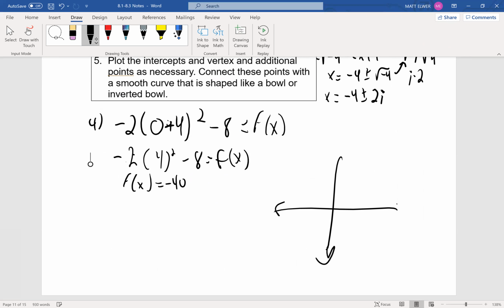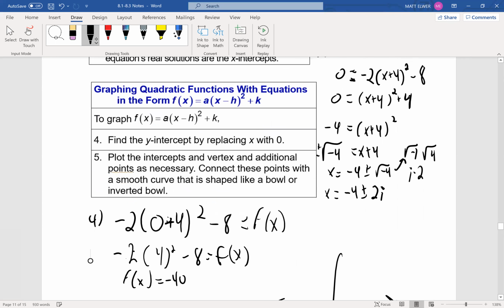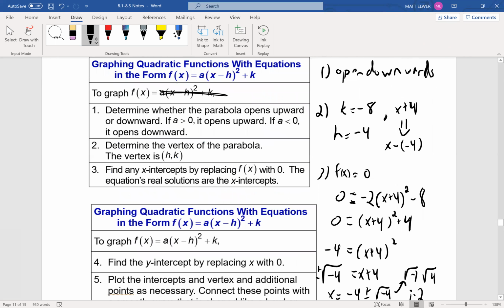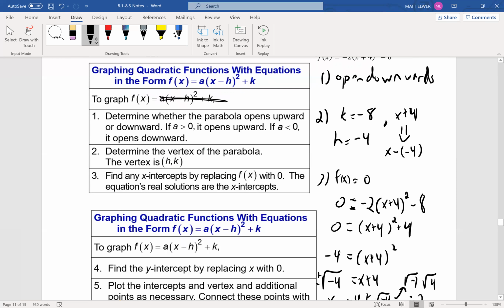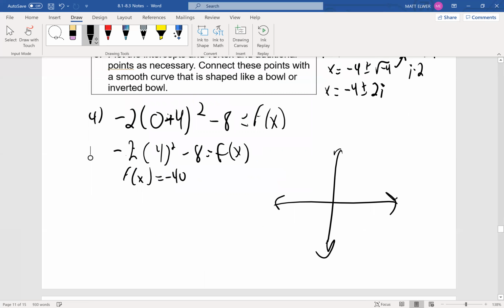So the first thing I'm going to note is my vertex. That's number 2. My vertex is h comma k, so that's -4, -8. If I plot that on my graph here, maybe we have a -4 here, -8, maybe a little bit further down.